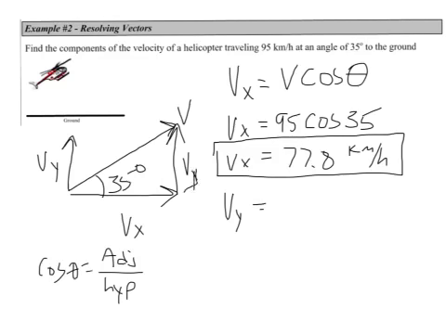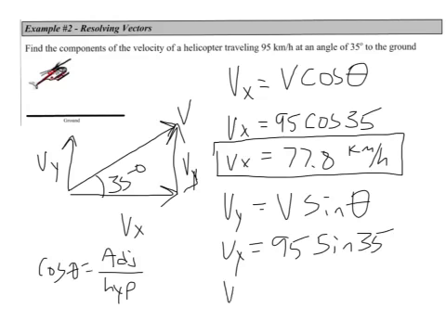Making this Vy opposite our angle here, okay, which would give us our sine function. So for Vy, we're going to go V sine theta and substitute in our values. And our Vy ends up 54.5 kilometers an hour. Okay?